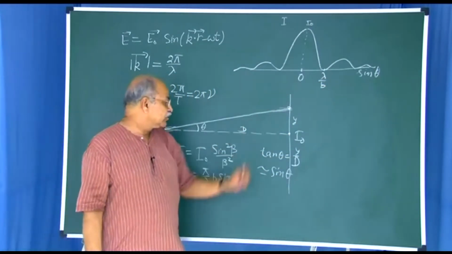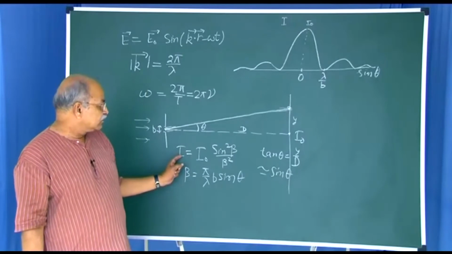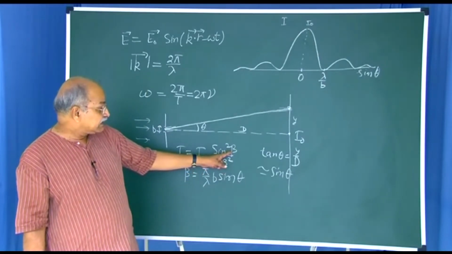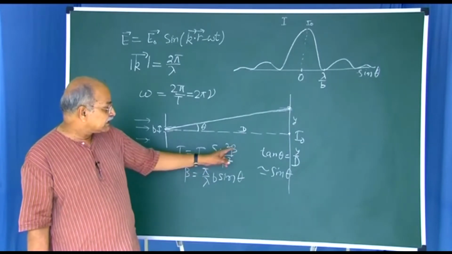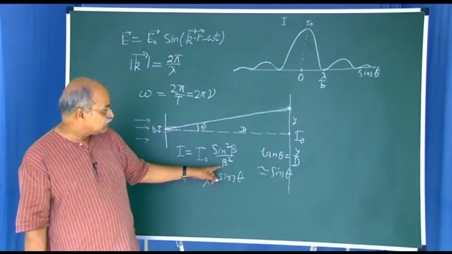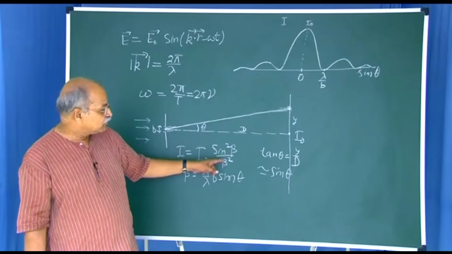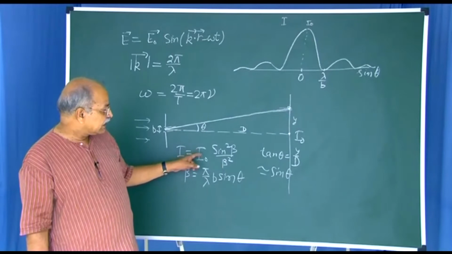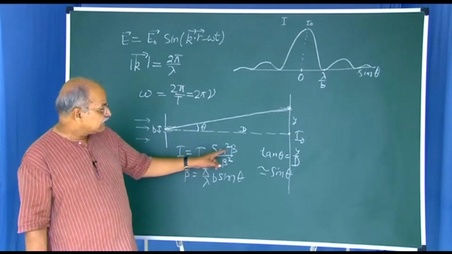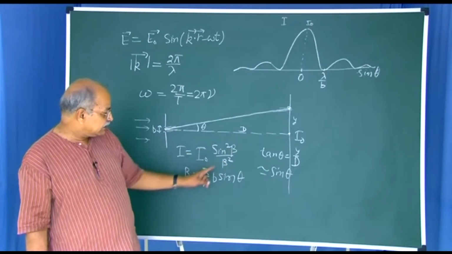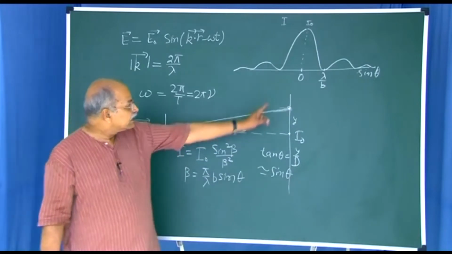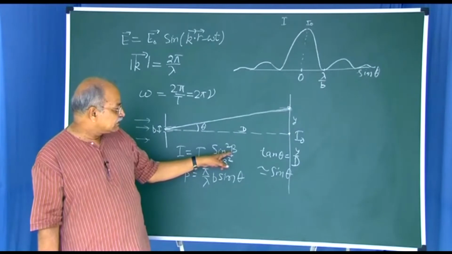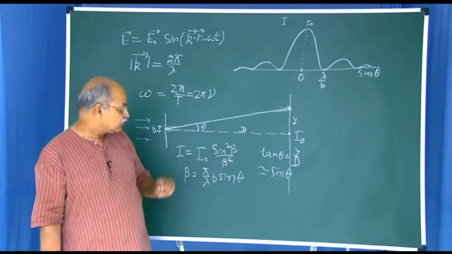This is intensity 0 here, and intensity 0 is when beta is pi. When beta is 0, sine beta is 0, but then here also you have 0, so this takes the form 0 by 0, and in the limit this will be 1. So, I is equal to I naught when beta is 0, and beta is 0 when theta is 0. So, here it is I naught, and then when beta is pi, sine of pi is 0.